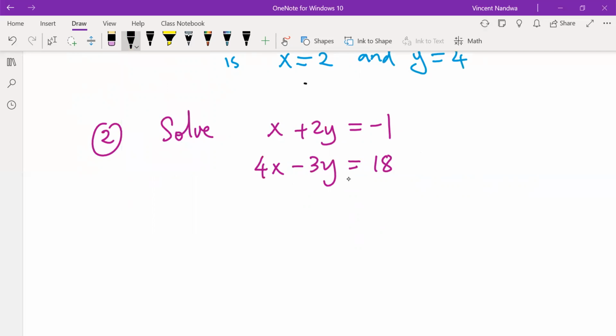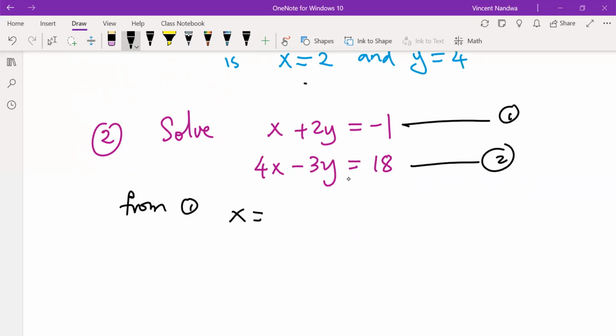It's not a rule that you must express y in terms of x. So from equation 1, this is equation 2. We can say from 1, x is easier to express in terms of y, so it'll be minus 1 minus 2y. So call this one equation 3.